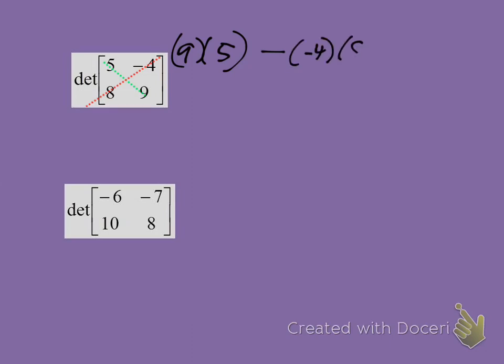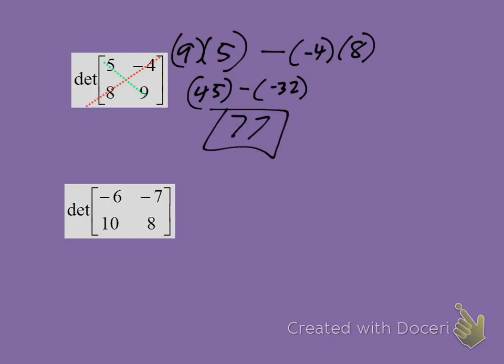Negative 4 times 8. 9 times 5 is 45. Minus 8 times 4 is negative 32. And 45 plus 32, 77. And that's it.